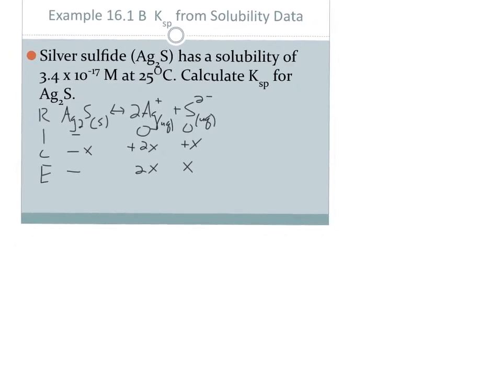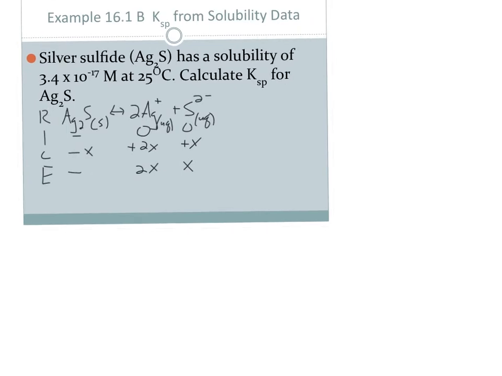Our Ksp expression is going to be silver squared times sulfide.